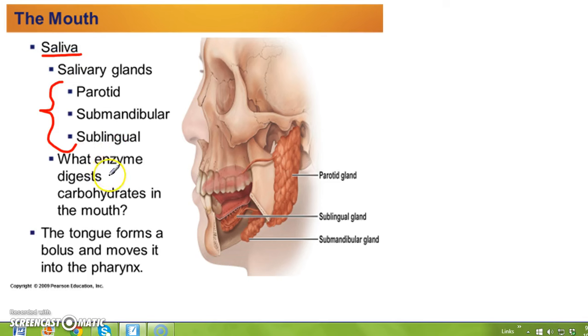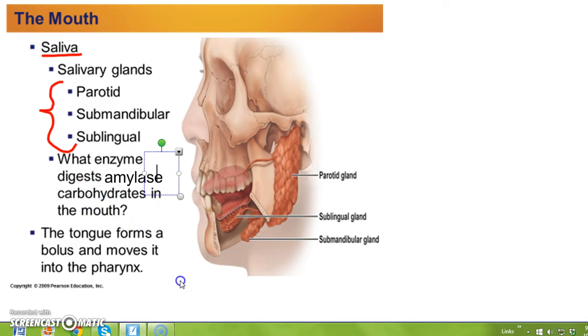But then we also have an enzyme called amylase in our saliva, so we call it salivary amylase. Amylase is going to start to digest the carbohydrates.